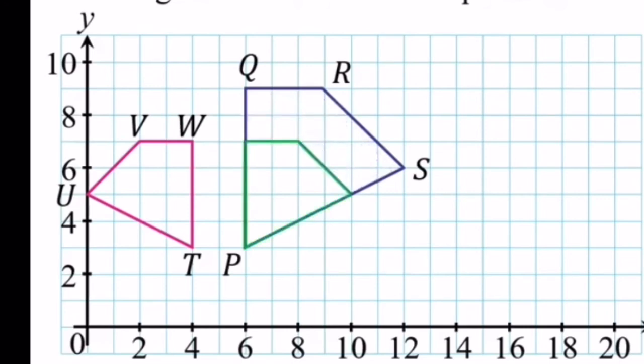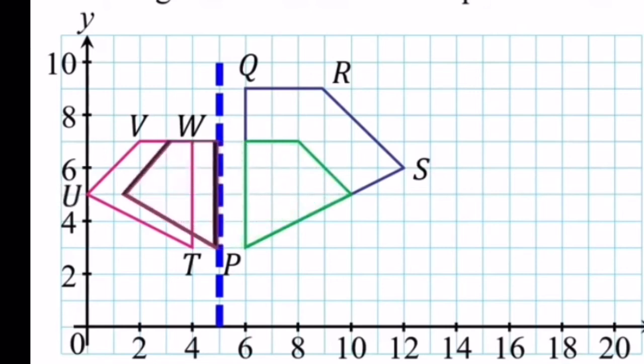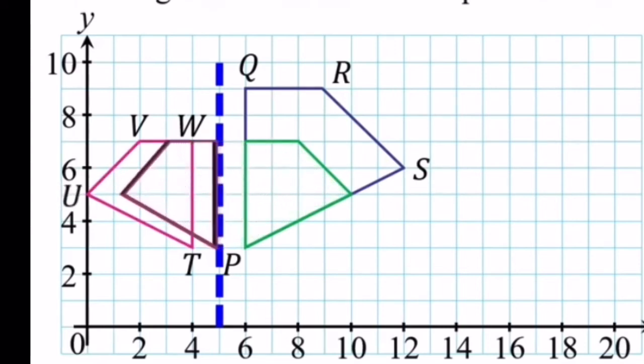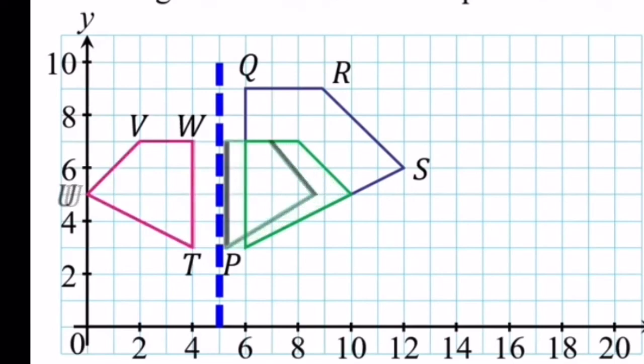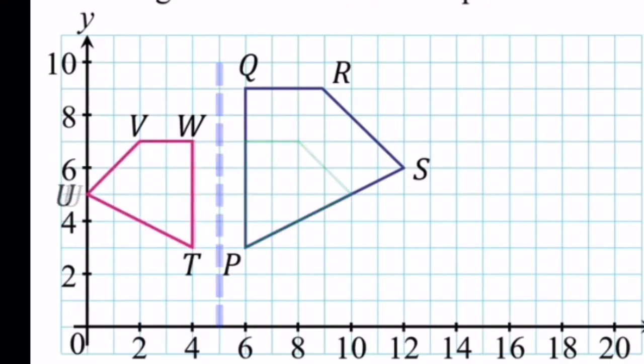And then the center should be at (6, 3), obviously that is the center of the enlargement. Followed by, after we do N, we do M. We will reflect the green one in the line of reflection, which is x = 5, to get the final image, which is the pink color.